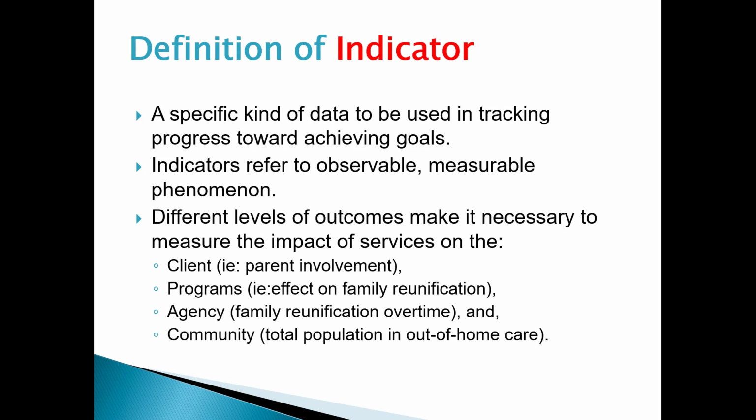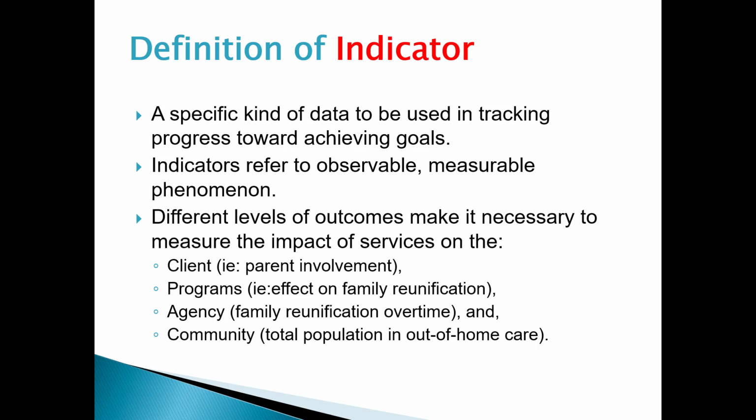At the community level, we might look at something like the total population in out-of-home care as an indicator of whether or not our agency is running a successful program that is benefiting parents who are now interacting with their children in a positive way, thereby reducing the number of child abuse allegations, thereby reducing the number of children removed from the home, thereby reducing the number of children in out-of-home care at the community level.